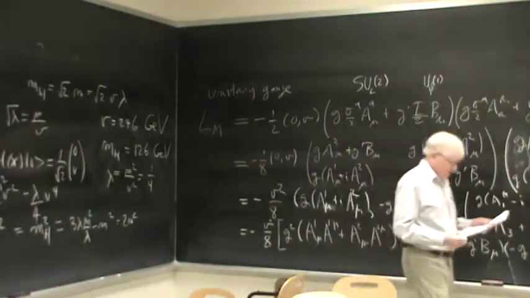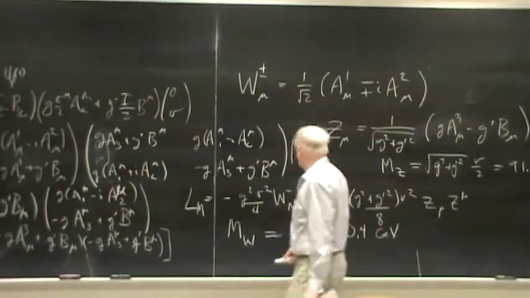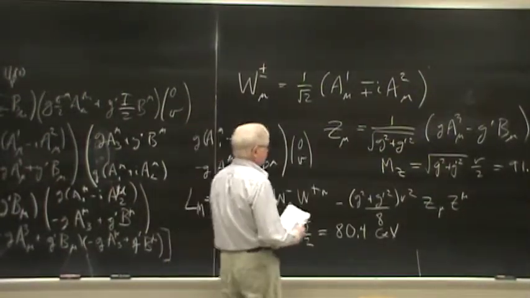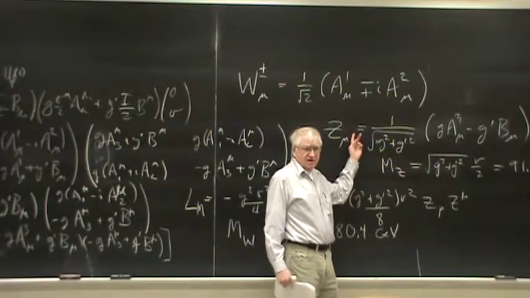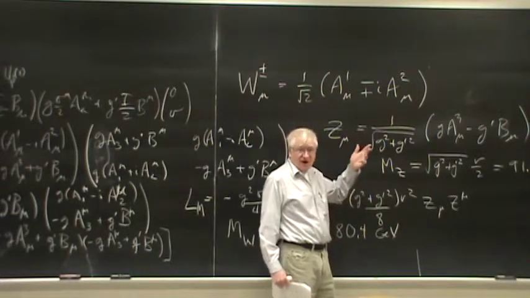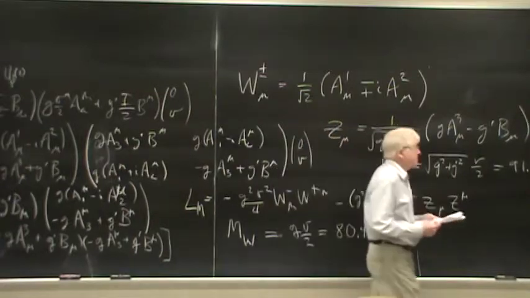We learned that the mass of the Higgs was 126 GeV. So this linear combination has a very high mass, 90 GeV. But there's an orthogonal combination of generators, and it has mass 0, and that's the photon.